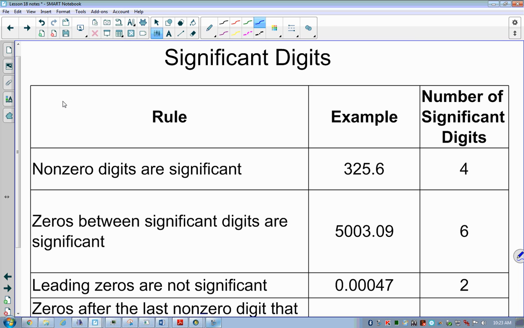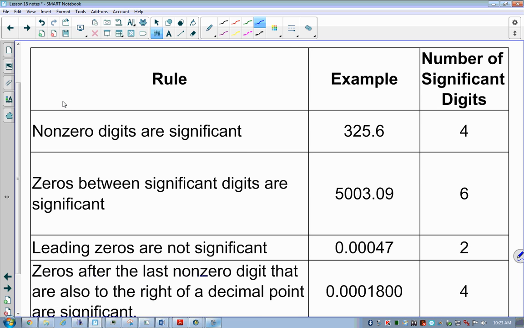Now, here's where we find out where zeros are not significant. If zeros show up completely before a non-zero number, they're not counted as significant. So 0.00047 only has 2 significant digits. Okay?